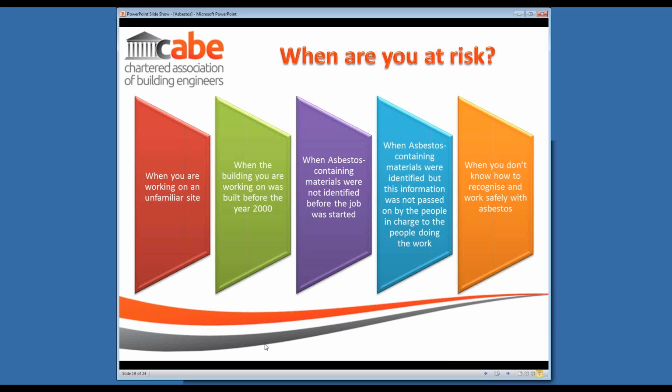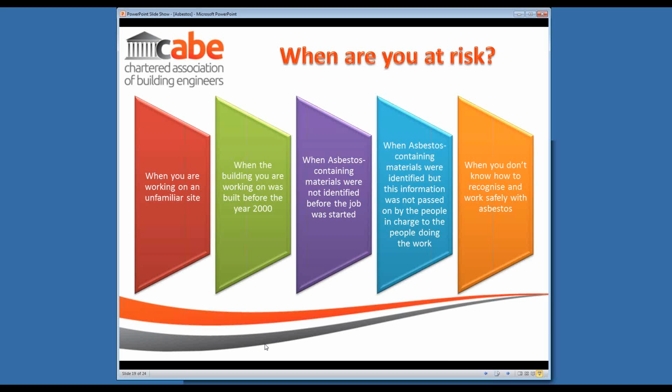You're not necessarily going to be familiar with the site, so it is absolutely critical that on attending and starting to deal with the project, you make contact with the person in control of the project on site, the site manager, the client, whoever, and establish where the risks are and if anybody is aware of the risk.